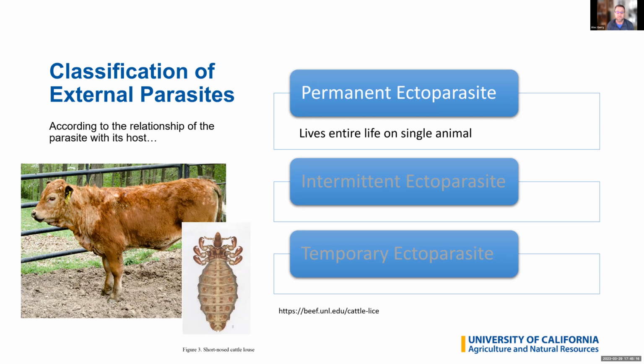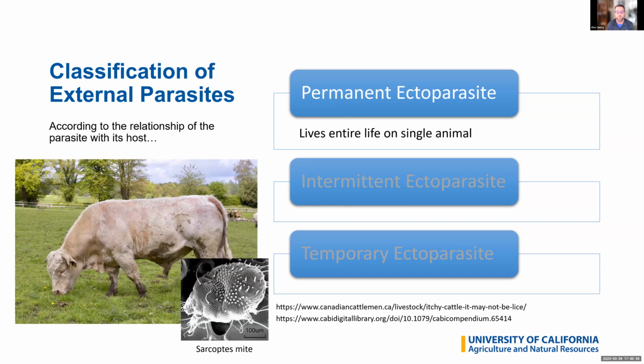But lice will live their entire life on a single animal, from the female attaching an egg to the hair of the animal, all the way through all the immature stages to the adult stage. All of those stages are essentially on one single animal. So they're permanently associated with their host. They never leave the host.